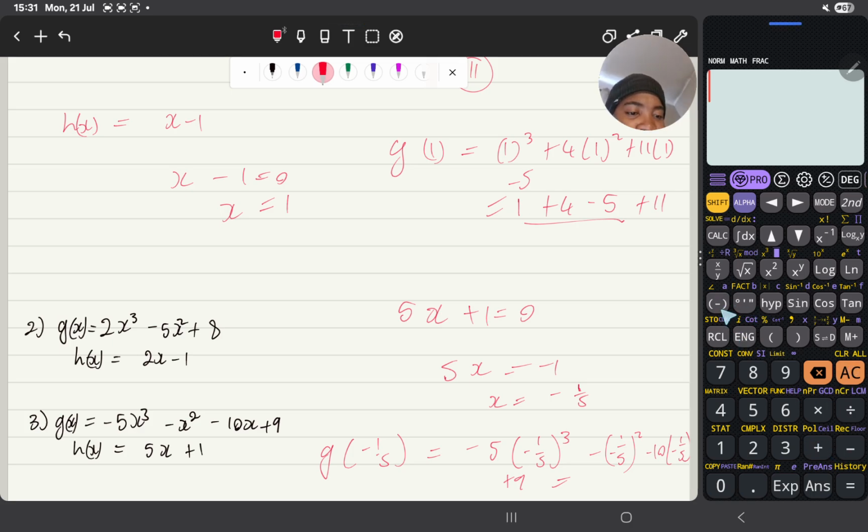Minus 5, minus 1 over 5, minus 1 over 5 squared, minus 10 times 1 over 5. And we get 2, therefore 2 is the remainder.